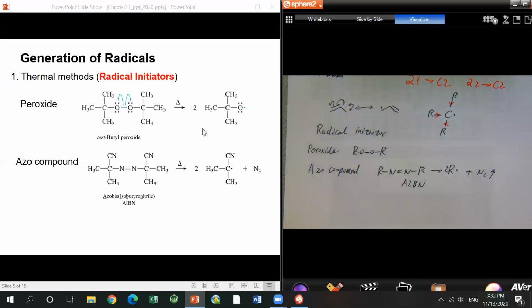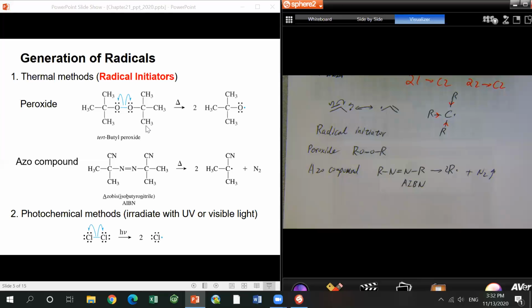So that's one way: thermal conditions with a radical initiator. The second way is photo conditions. For photo conditions, you normally irradiate the reaction solution with UV light. Nowadays you can even use some visible light to initiate radical reactions.